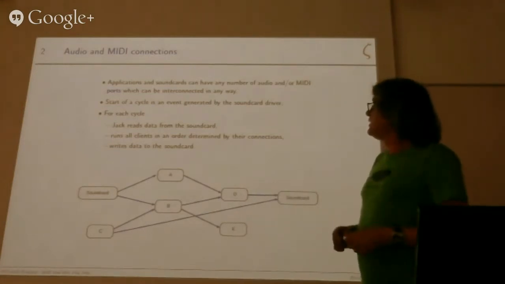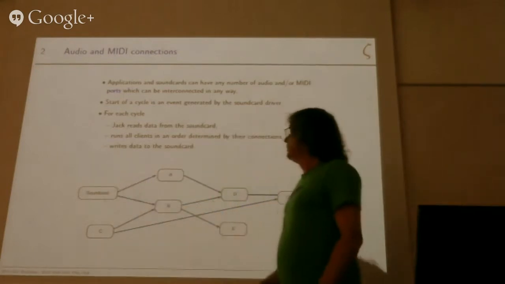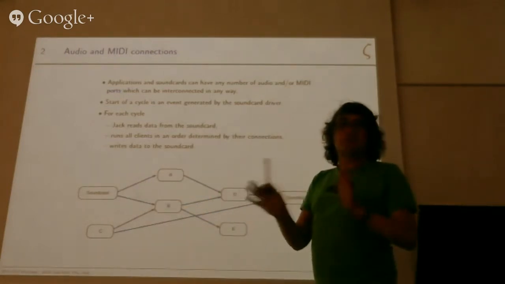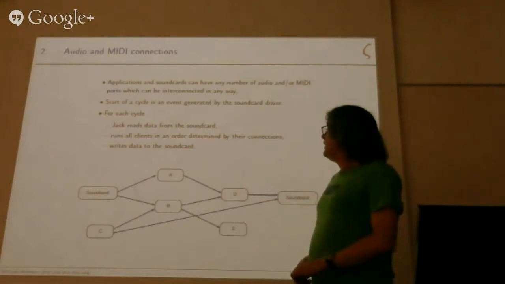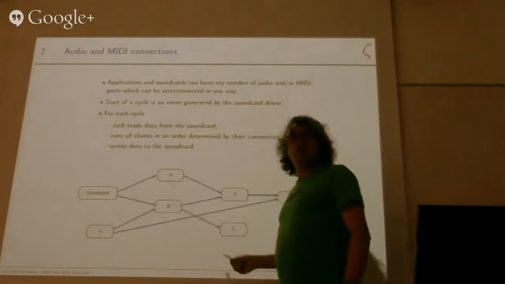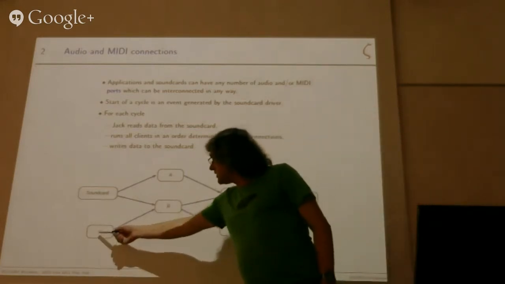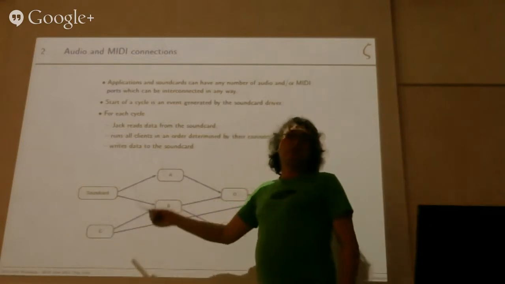And for each cycle, Jack will read data from the sound card. So many samples, exactly the same number every time. And then call all of the clients in an order which is determined by their connections, by the dependencies. So in this case, C has no inputs, it can run immediately.